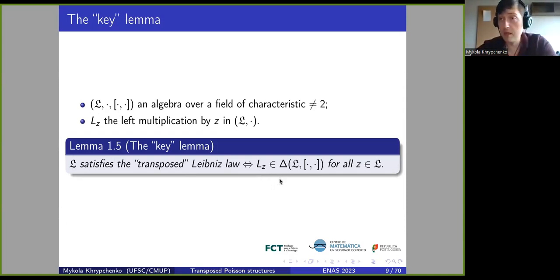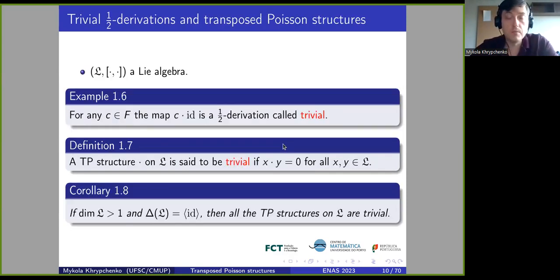And that's why the notion of half derivation is very important in the description of all the transposed Poisson structures. So let us consider some classes of half derivations and the corresponding classes of transposed Poisson structures.